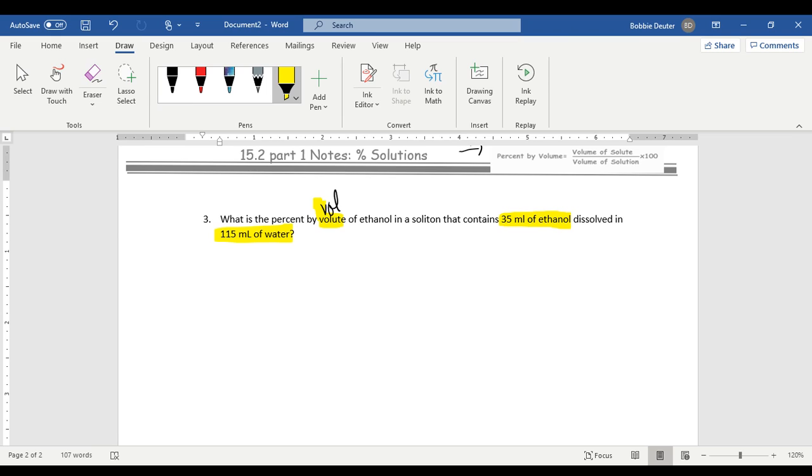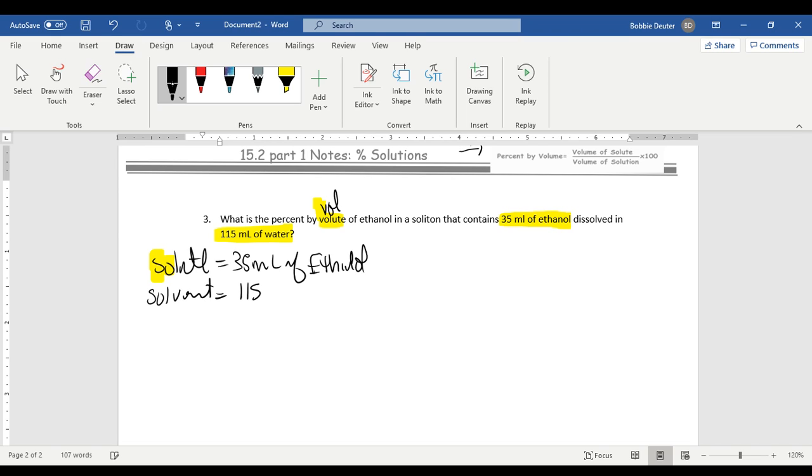And so when we're looking at that, we have to remember, okay, what do we have for everything? So we have our solute. In this case, our solute is going to be our 35 milliliters of ethanol. And then our solvent is equal to 115 milliliters of water.